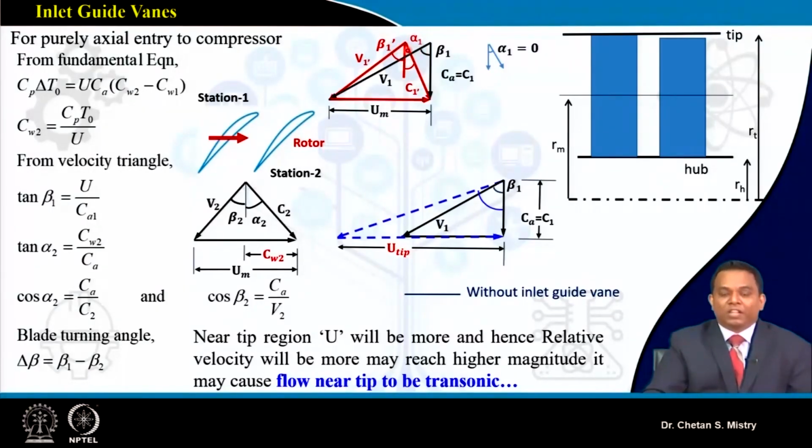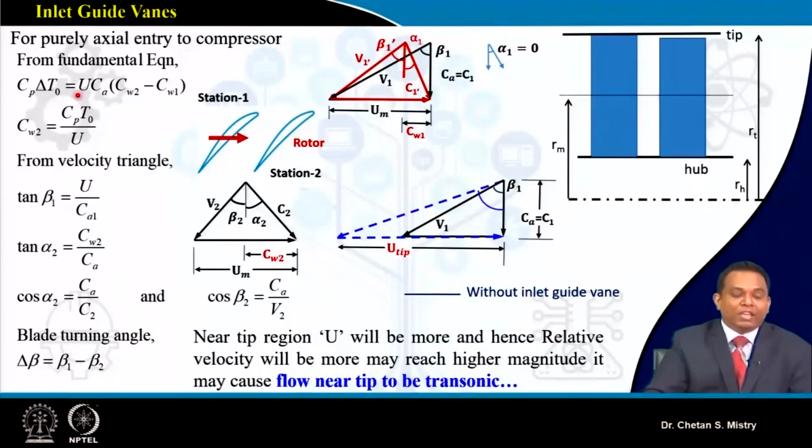If we consider we are entering our flow at some angle alpha 1, we will have a swirl component at the entry. That's nothing but my CW1. Now what we have assumed earlier, we have assumed our flow is entering axially. So in that case, we have removed this CW1 component. Now we are purposefully giving a CW1 component.